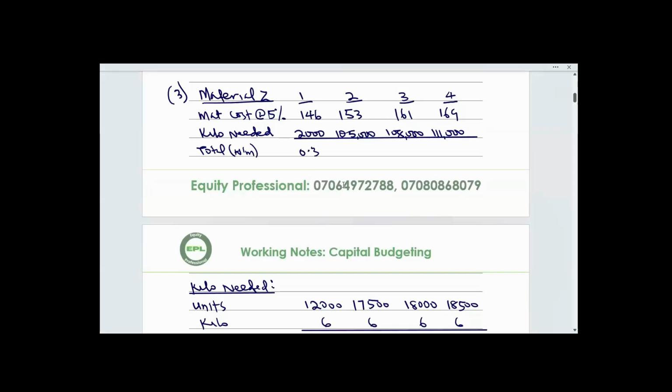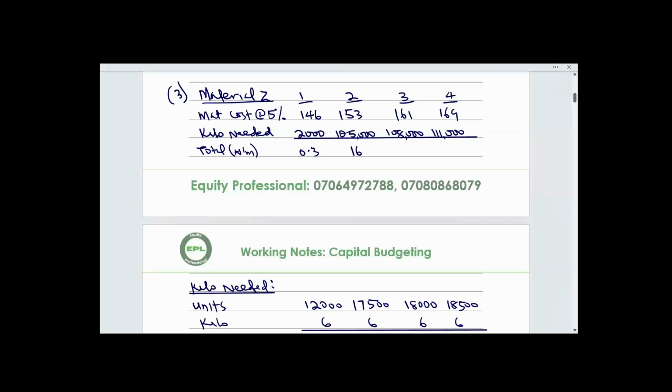Then 153 multiplied by 105,000 is equal to 16 million.